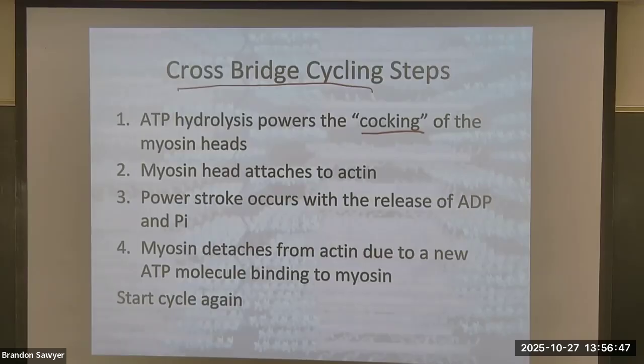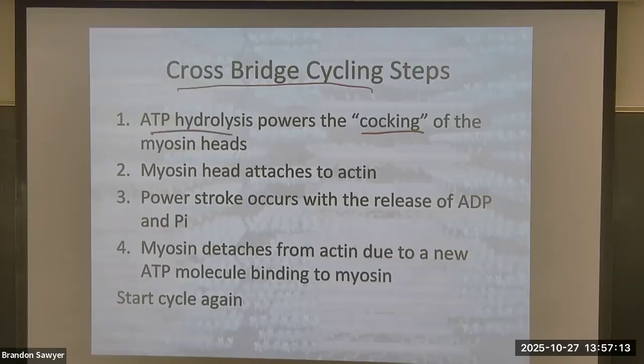So that's why this is called cocking of the myosin head, because with a gun, you put your energy into it before the bullet comes out. It's the same idea with this. We're using the energy from ATP before the muscle actually shortens. So we're cocking the myosin head, putting it into its power position with the use of chemical energy, which is ATP, but the muscle's not shortening yet.